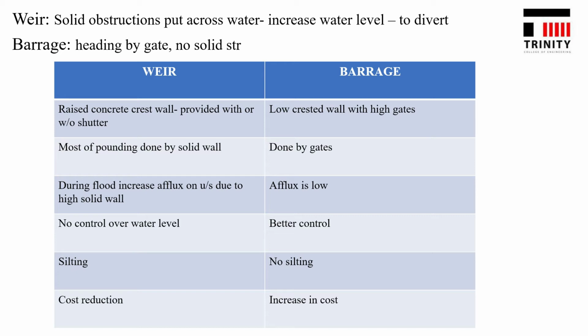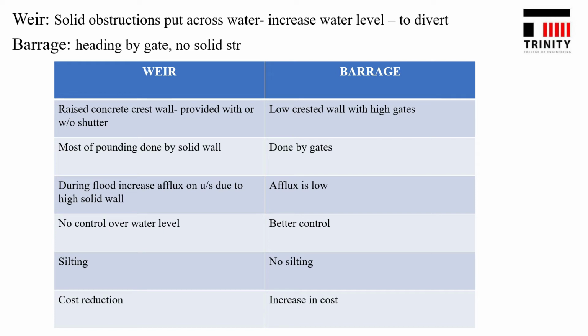In a weir, most of the ponding is done by the solid crest wall, whereas in barrages it is done by the gates. In a weir, during flood, the afflux on the upstream side increases due to the high solid wall, whereas in barrages the gates are thin and narrow, so the effects will be low. In a weir, there is no control over water level because it is provided with or without shutters. But in barrages, gates are controlled, so there will be better control of the flow of water.